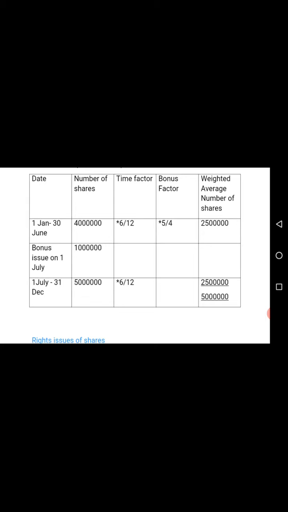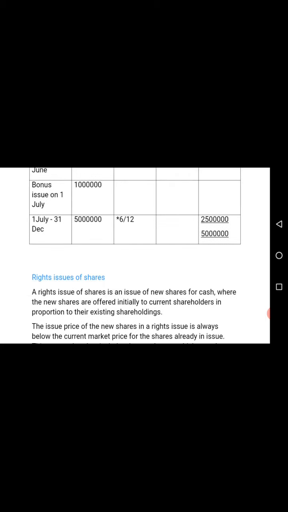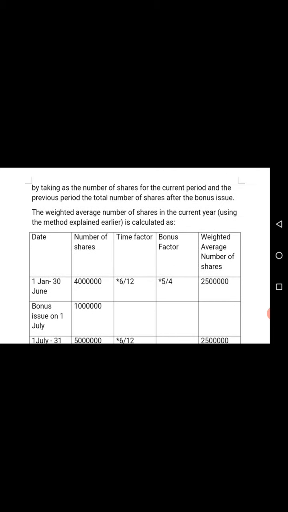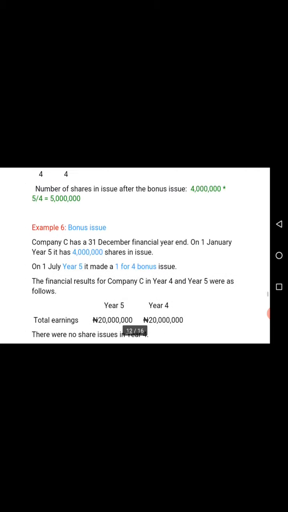Now, the bonus factor is used on the months previous to 1st July, so we have the previous period, 1st January to 30th June, with the bonus factor. We do it like that and get 2.5 million. We sum them to get the weighted average number of shares during the period, 5 million. So that's how we get the weighted average number of shares when there is a bonus issue.